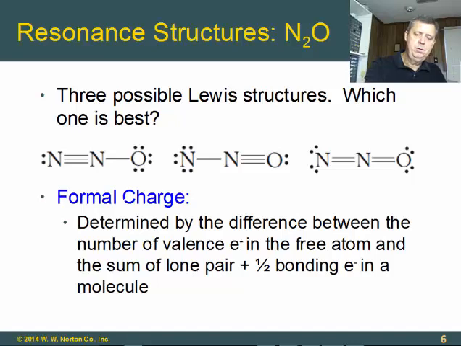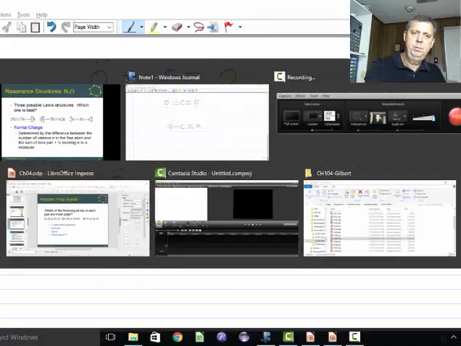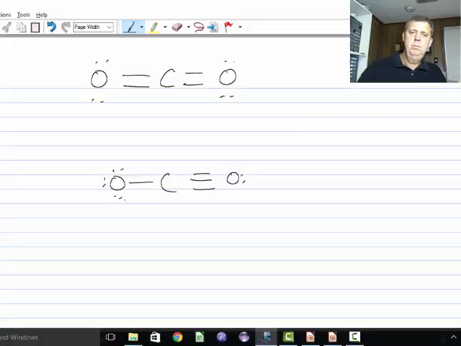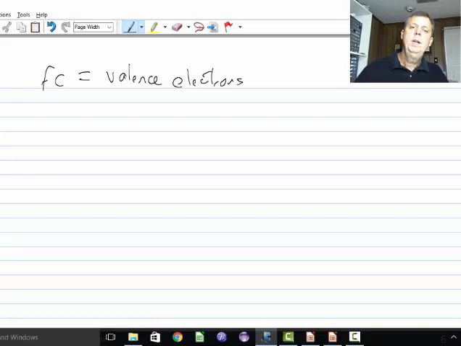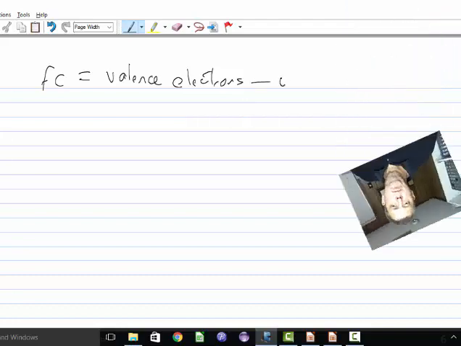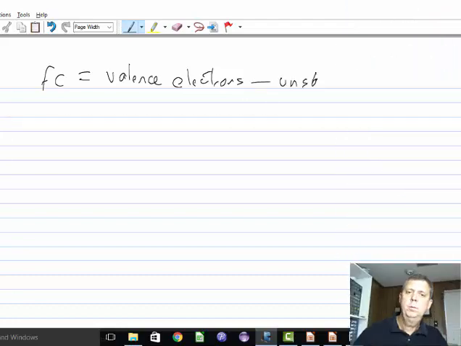Let me abbreviate this in a little bit simpler form. Formal charge is the valence electrons in the neutral atom minus unshared electrons minus 1/2 of the bonding electrons.